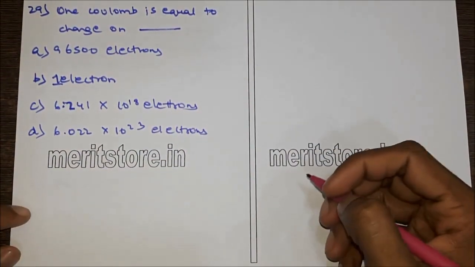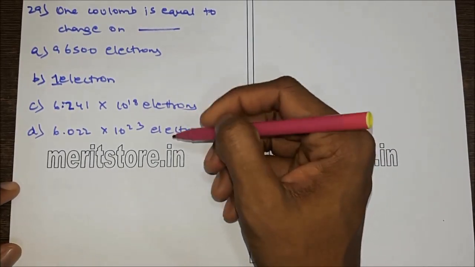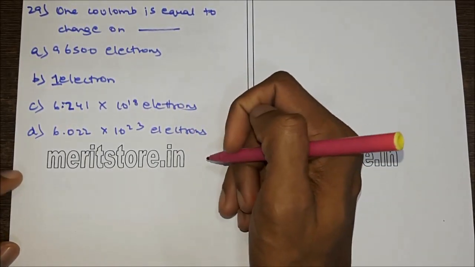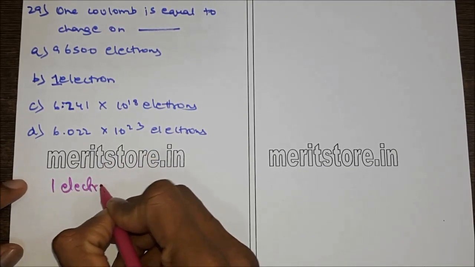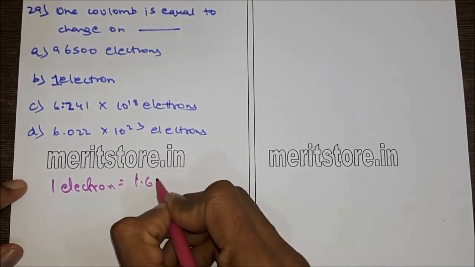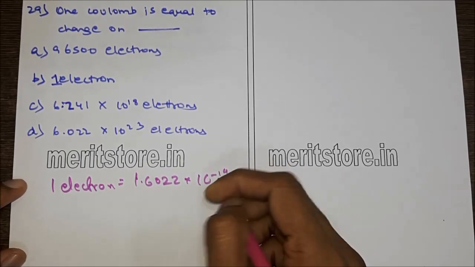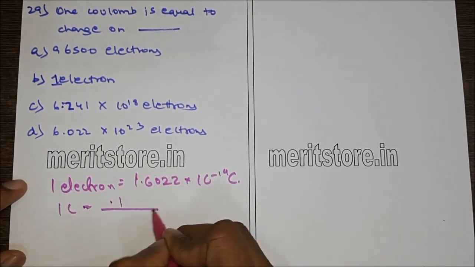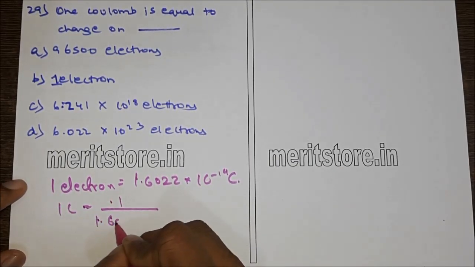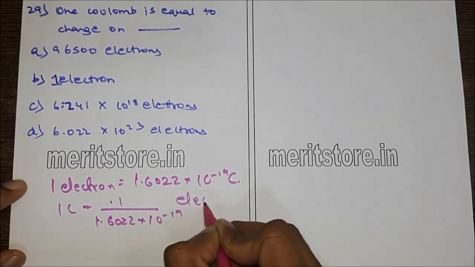Question 29. 1 coulomb is equal to the charge on, we have given four options, some number of electrons. So the charge on one electron is equal to 1.6022 into 10 raised to minus 19 coulomb. Therefore, 1 coulomb is 1 upon 1.6022 into 10 raised to minus 19 electrons.